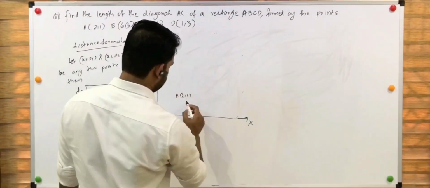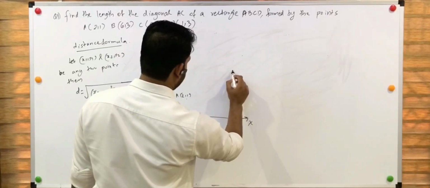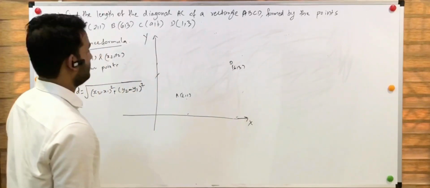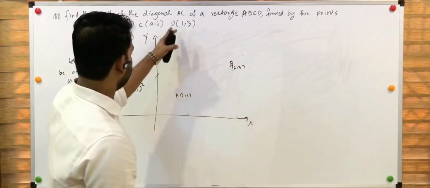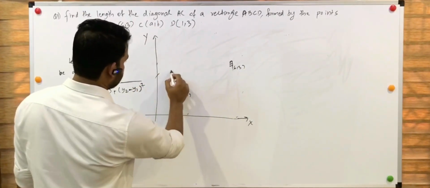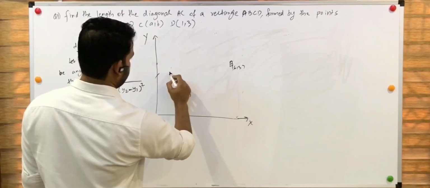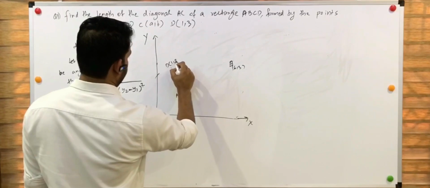And B is at 6, 3, which would be somewhere here. And D would be somewhere here.